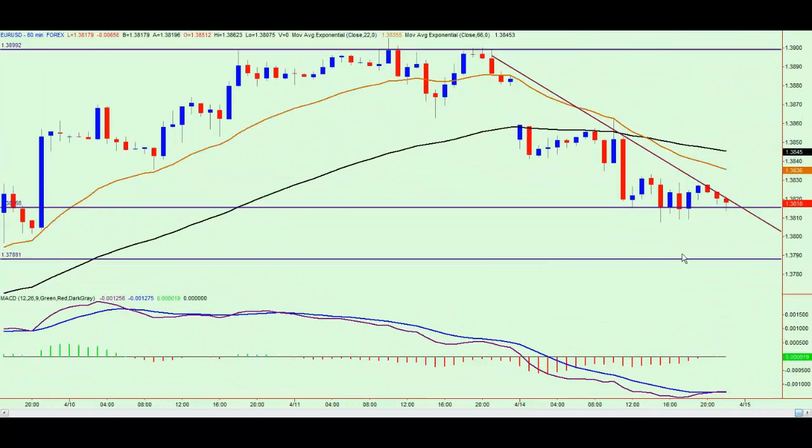But in our case, in terms of taking shorts, we can do a simple case, which is we just sell now with the view that price will continue to fall.